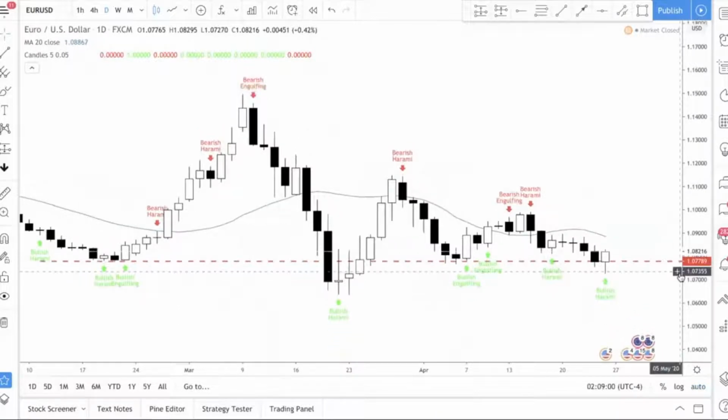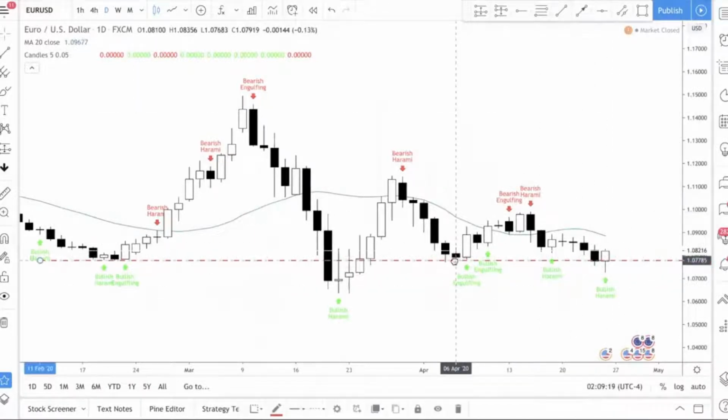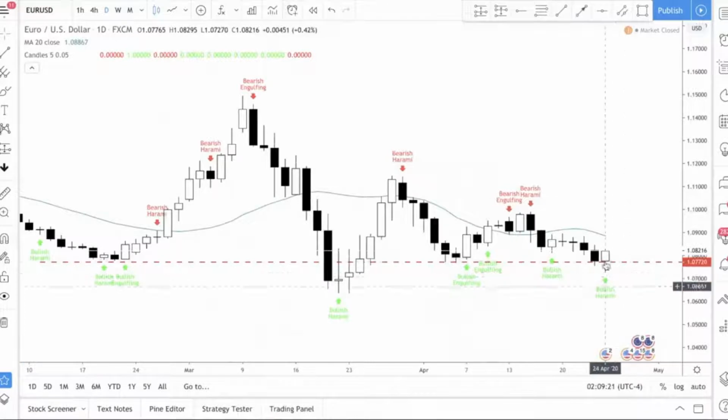You can see that this indicator is very easy to use. We are on a daily time frame, and if you have not downloaded a copy of our day trading guide, make sure you download a copy. The link is in the description. We teach the importance of using the daily chart and using candlesticks to identify your entry. Right now, it just so happened that you have a bullish harami at the support level, and this is a signal to long, based on our trading strategy as spelled out in the day trading guide.